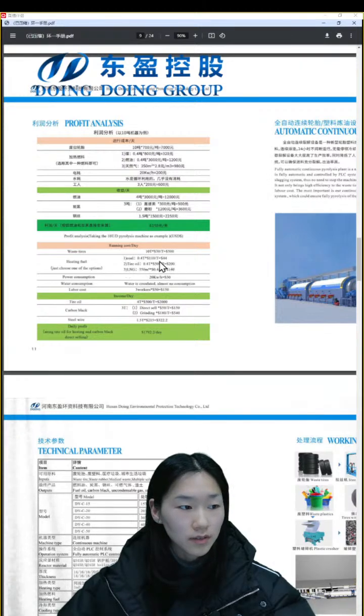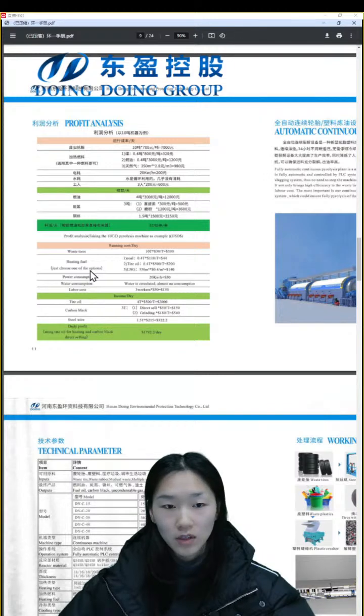So you can calculate the cost of fuel oil. If you have many woods in your local area, you can choose to heat the reactor by wood. So using wood to heat the reactor, you can save the cost of fuel.